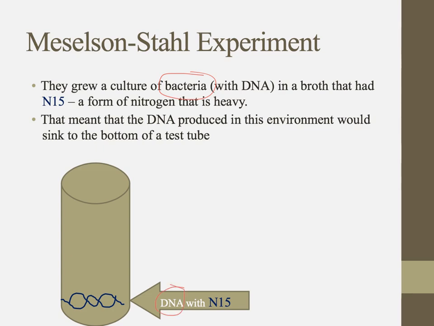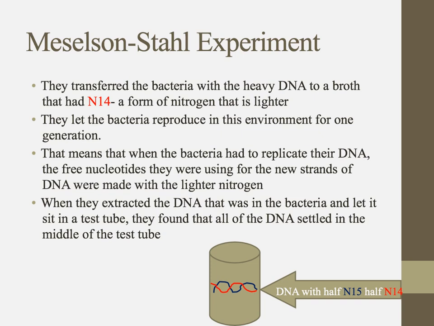Because it was heavy, it sank to the bottom of their test tubes. Then they moved those bacteria into a lighter nitrogen isotope medium, causing any DNA replicated in that medium to float farther up into the test tube. It wasn't as dense.